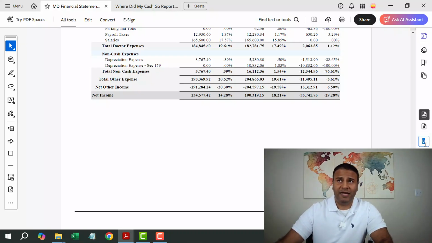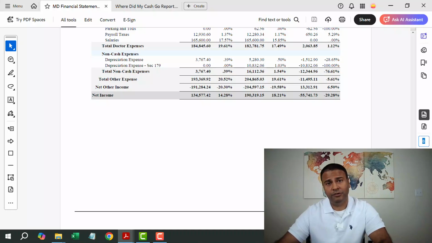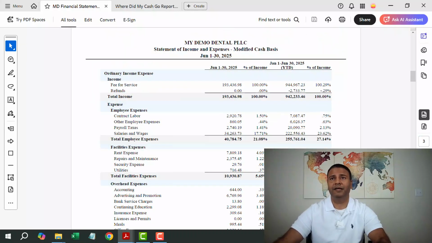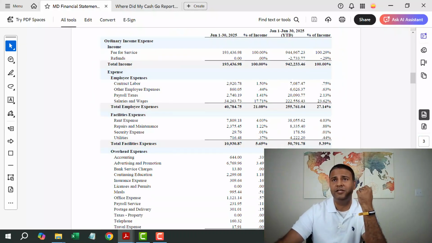What I recommend my clients do, when they're reviewing the financial statement package, is pay attention to a few things. When you're looking at the P&L statement, you want to make sure you're looking at these percentages, and these percentages are there for a very specific reason.